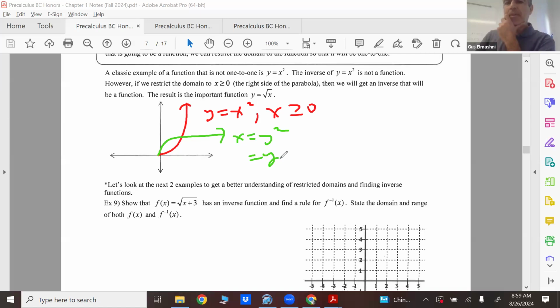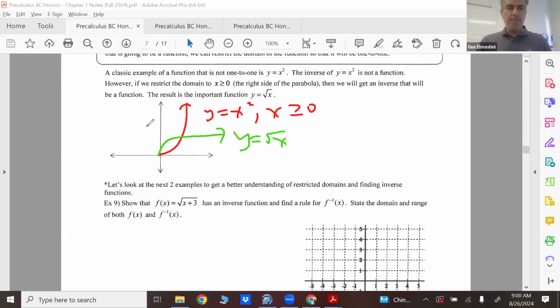Yeah, plus or minus. But you guys see why it's a problem to put plus or minus. Because now you have two outputs for one input. So in order to guarantee that the inverse passes the vertical line test, you just keep the positive. That's why you need that restriction, so that the inverse is also going to be a function. Otherwise, you're going to have something like this here, right? And that's a problem.